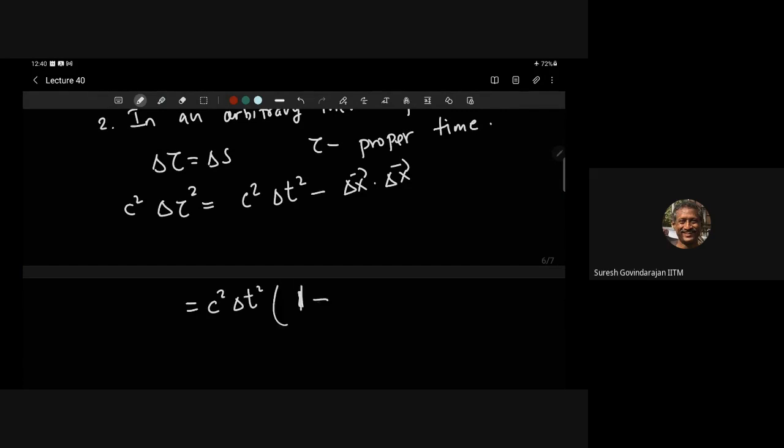So I can pull out, this is equal to c square delta t square times one minus the velocity squared. If I pull out delta x by delta t, we'll just call this v. That's just the instantaneous velocity of the particle in that frame.